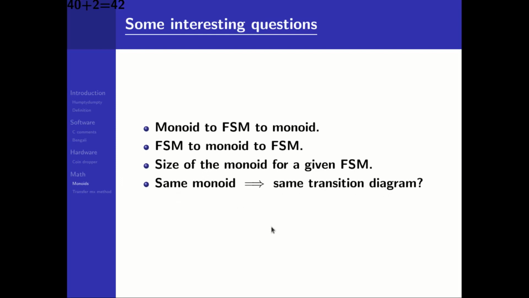Now this talk is of course not a place where we can go deep into any of these questions, but I can just tell you some of these questions are pretty trivial to answer, but some of them are somewhat deep. So if you want, you can puzzle yourself with these little problems. We shall not pursue this topic of monoid any further in this video.